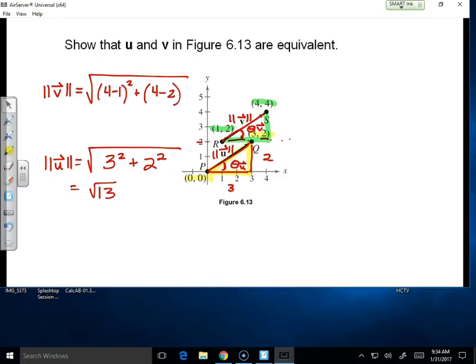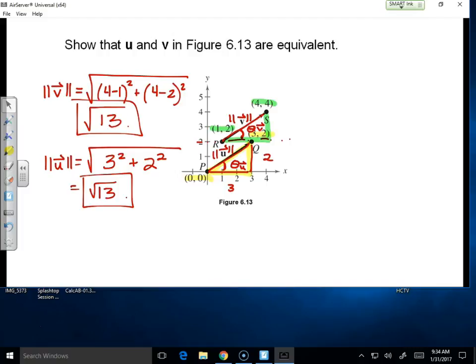Subtract each of the y's. And we end up with 4 minus 1 is 3, 4 minus 2 is 2. Does it end up being the same thing as down below? Absolutely. So far, looking good. We have magnitude of v being root 13. We have magnitude of u being root 13. So root 13.